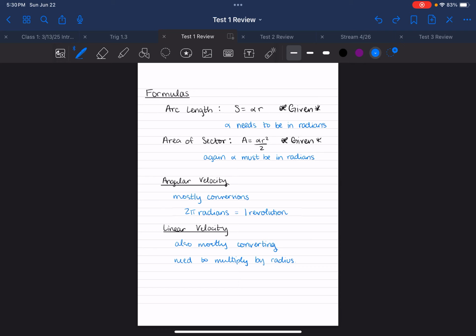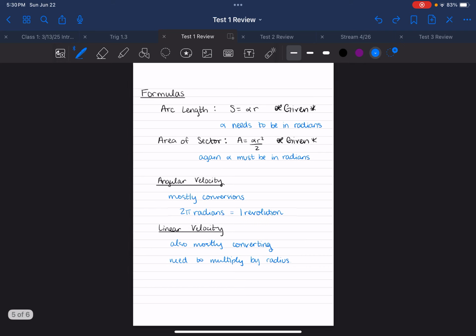Now, the difference between the two is that for angular velocity, you leave it with radians. That's part of your final unit. However, for linear velocity, you have to multiply by the radius because you're going to want an actual distance as part of your unit. So we'll do a problem like that, but that's really the difference: for angular, you're not going to multiply by the radius; for linear, you will have to multiply by the radius.